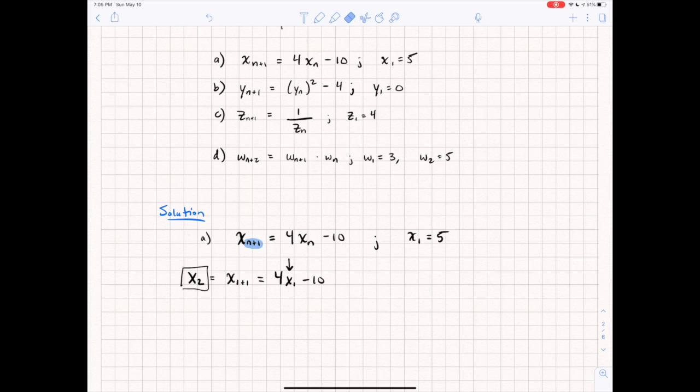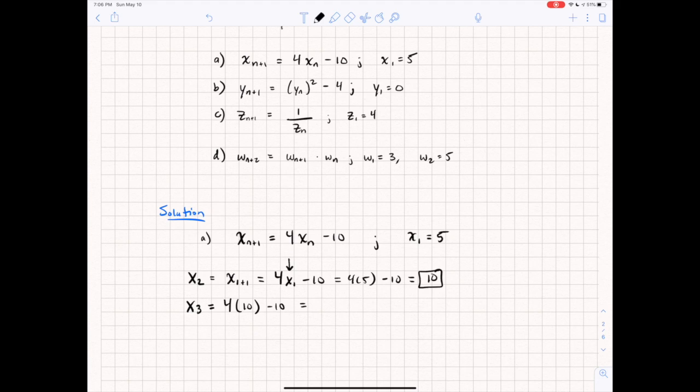So let's find x2. x2 is 4 times x1 minus 10. So this would be 4 times 5, which is 20, minus 10, or just 10. There's my x2. If I want to find x3, then what this recursive formula is saying is to do 4 times the previous term, which would be x2, minus 10.